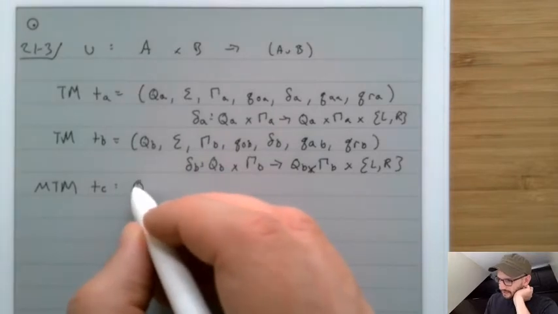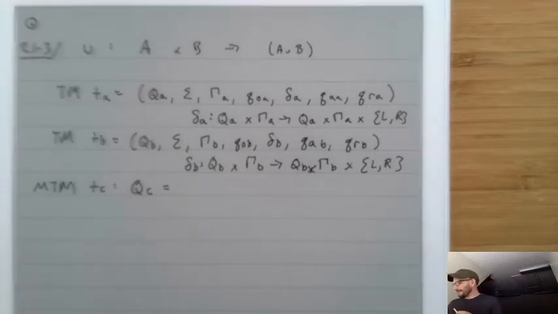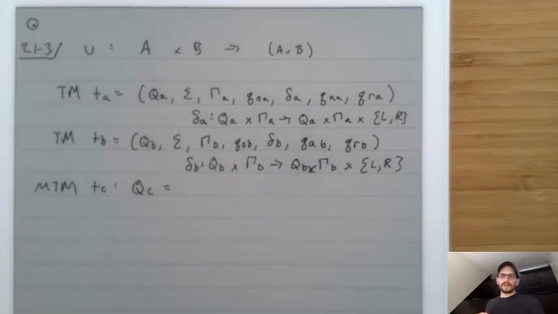So its states, Q_C, what are we going to say that they are? Well, how is this going to work? Essentially we're going to assume that the input comes in, and let's assume that the input is on both tapes. That's just convenient.